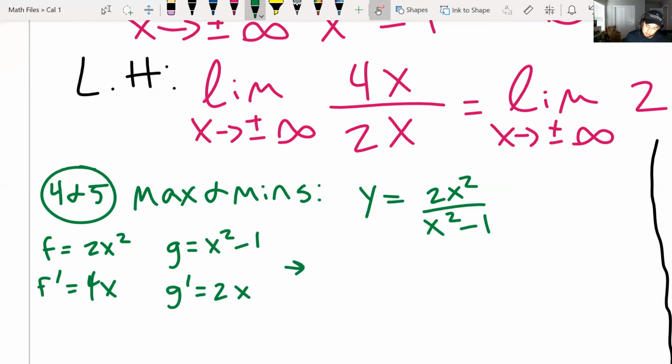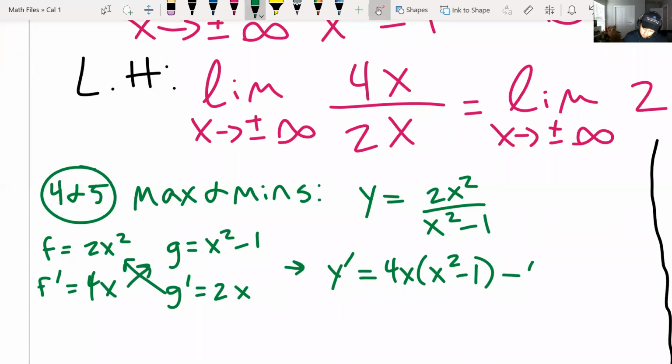This means that y prime is f prime g, 4x times x squared minus 1, minus g prime f, 2x times 2x squared, which is 4x cubed, over x squared minus 1 squared.